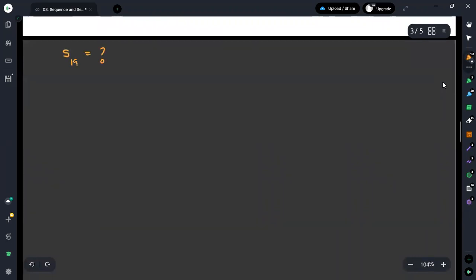This is what we need to find out, and according to the information that they have provided for us, we know that A4 plus A8 plus A12 plus A16 is equal to 224.